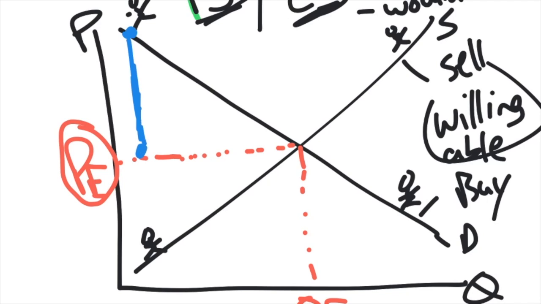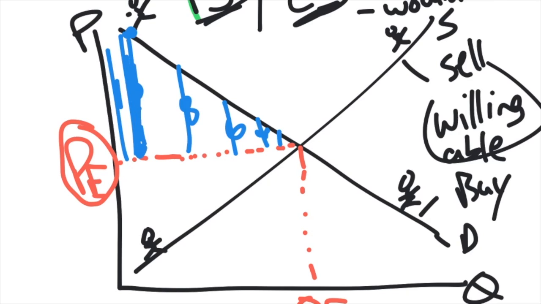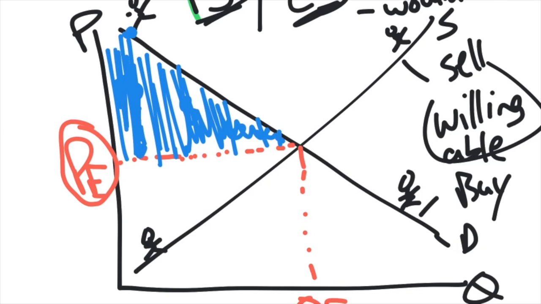So they're up an extra 10 basically. So that person is up 10, and this person might be up 8, and this person might be up 6, and this person might be up 4, and this person 2. And anyways, you take all of these hypothetical people and you take the area of this entire triangle, and that area is going to represent the consumer surplus, because it's the extra, it's the bonus that goes to consumers.